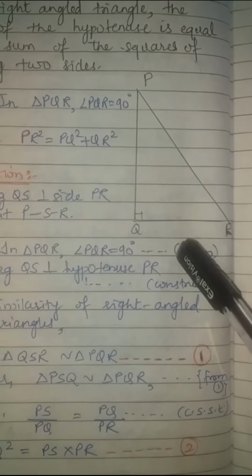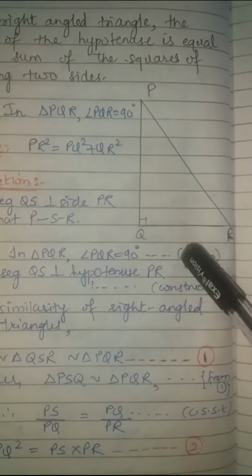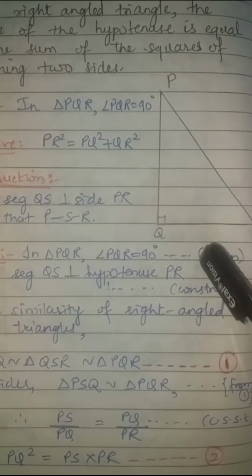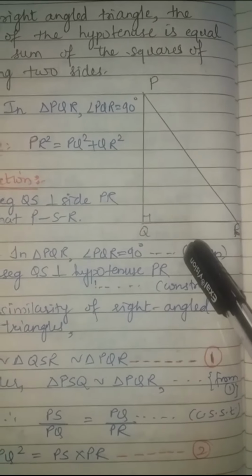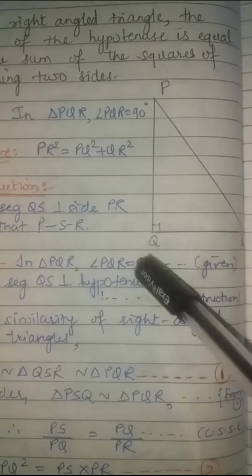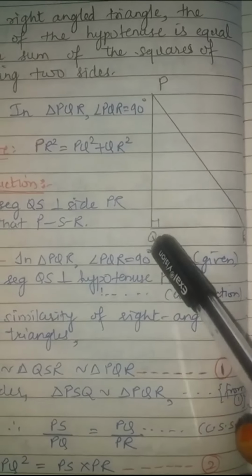Let me remind you, students, whenever you are asked for the proof of any of the theorems, the diagram is compulsory and it is as per the board rules. So don't forget to draw the diagram for the proof of any theorem. Fine. So here we have a triangle PQR. In this triangle PQR, we have taken angle Q as 90 degrees.